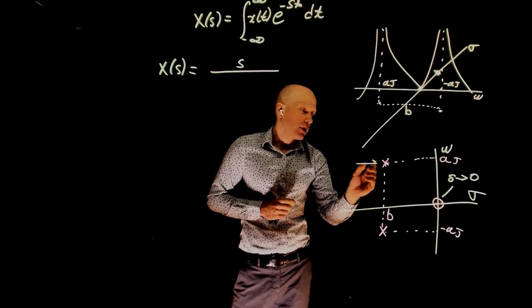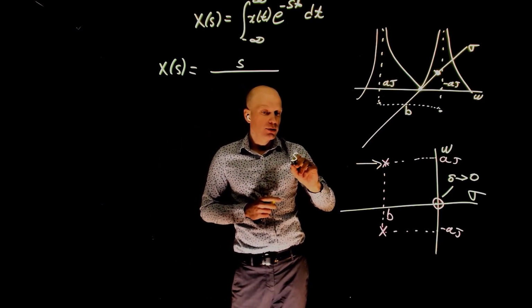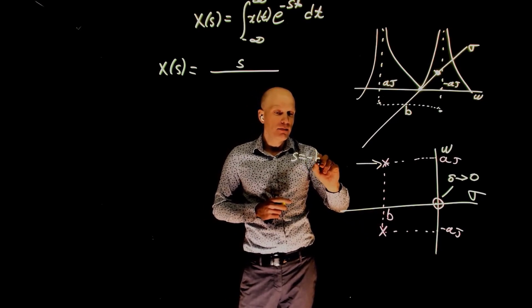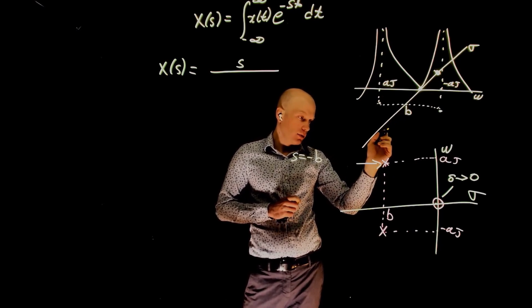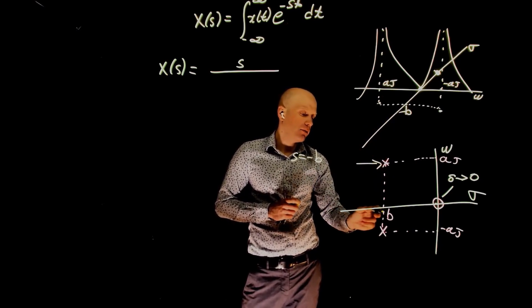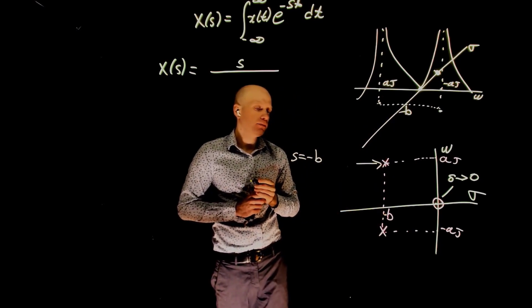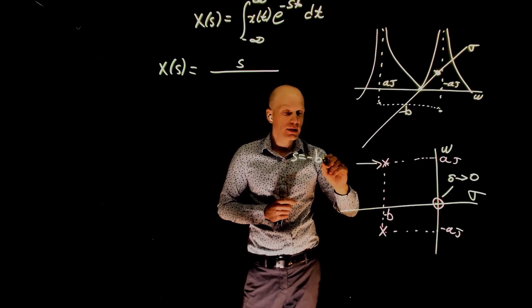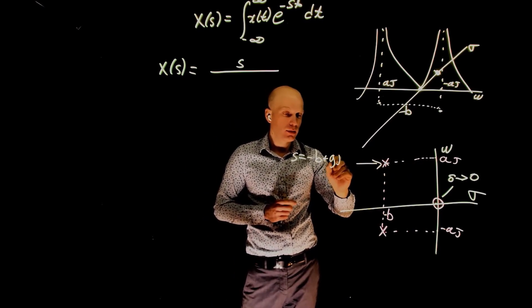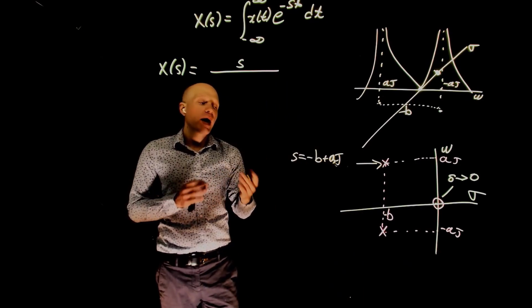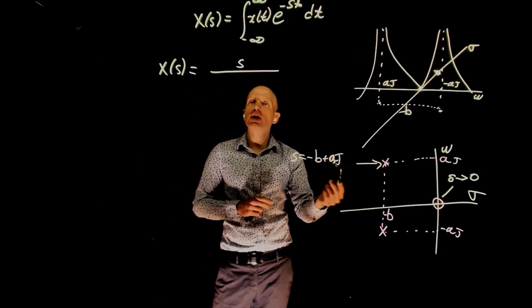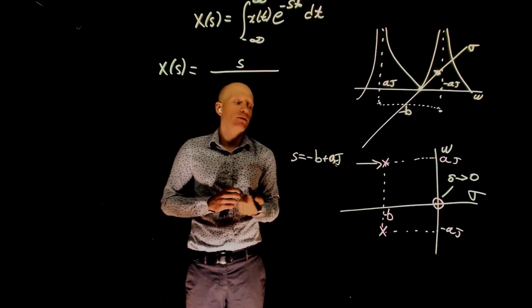Let's look at this point. At this point, s equals to negative b. Right, this is the negative axis. Here, negative b, just to avoid confusion, negative b, plus aj. This is aj. Now, when s approaches negative b plus aj, we need our function to go to infinity.